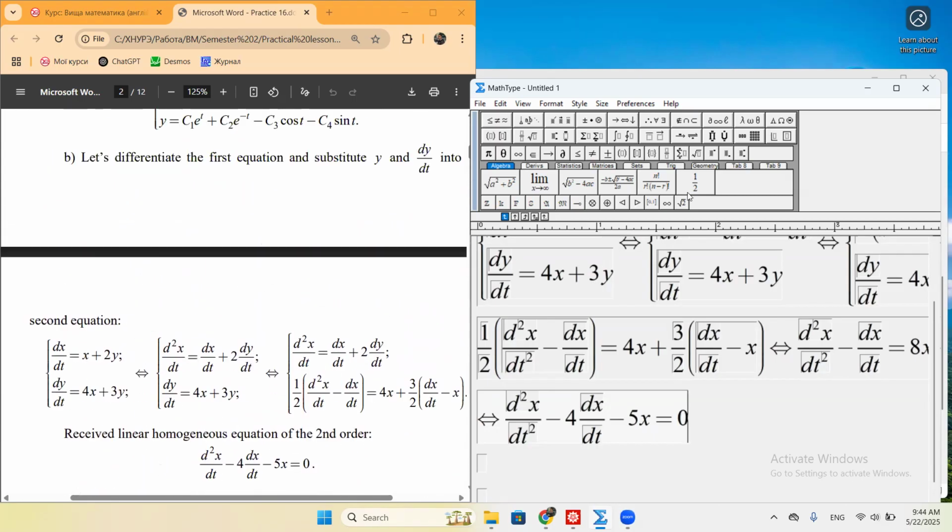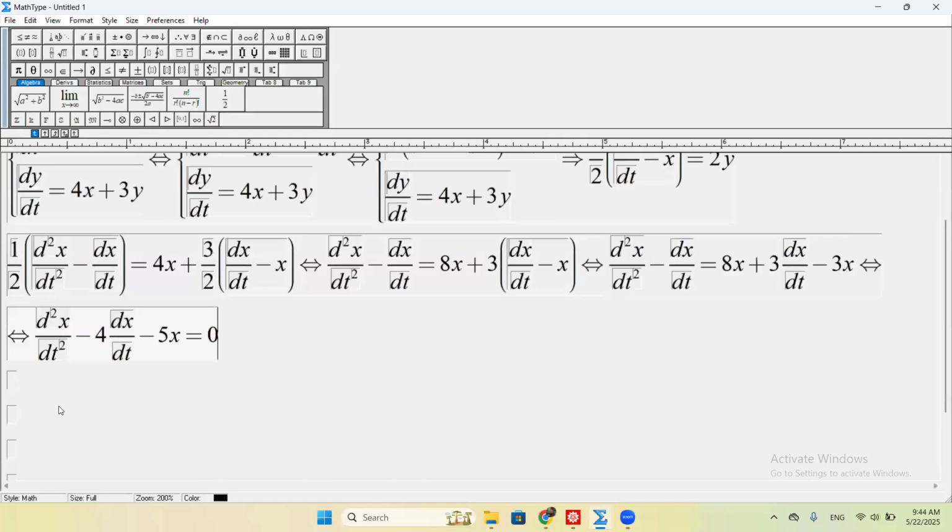Let me check if everything here is correct. So minus 4, minus 5. So now solving this homogeneous equation, writing down the characteristic equation: k squared minus 4k minus 5 equals 0.